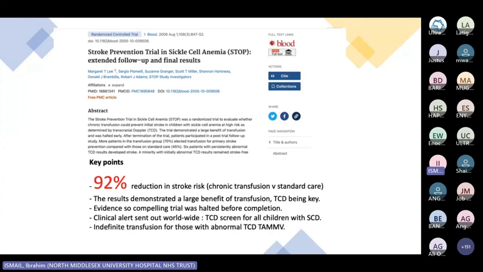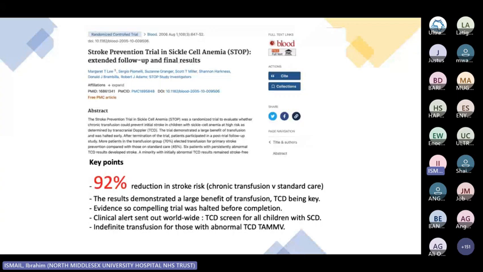Like I said, it had fundamental findings for all our work, and screening was based on their findings. So the key point to take here is 92%, which is overwhelming actually, a 92% reduction in stroke risk with patients going through chronic transfusion versus just standard care.